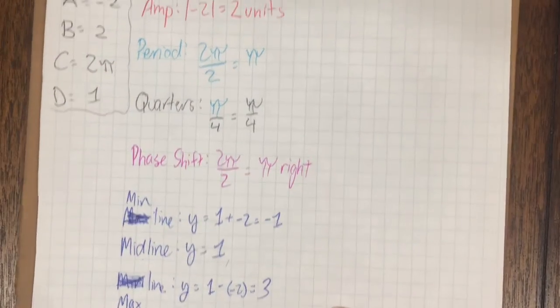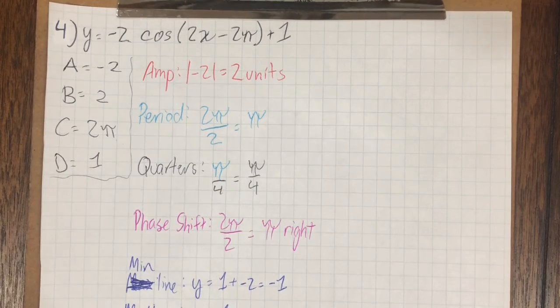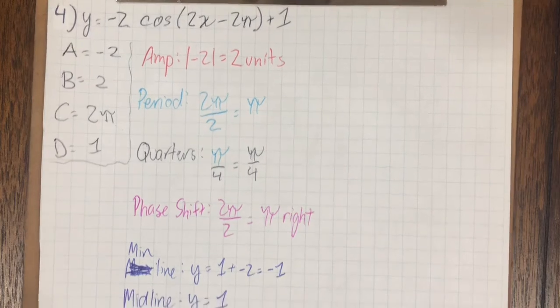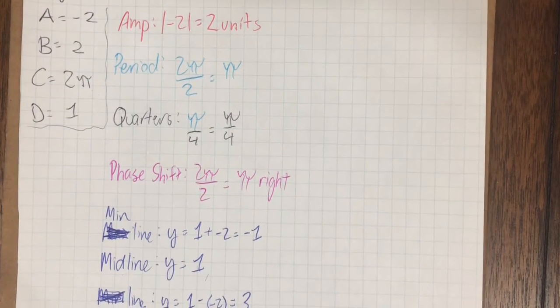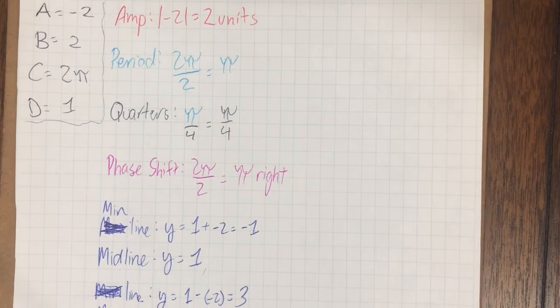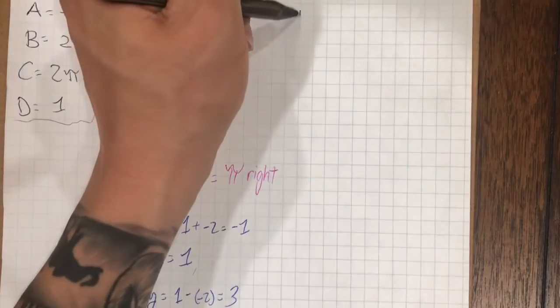And this all happened just because we had the -2 in the front. It affected the pattern for the cosine, for the graph of the cosine. All right, so I'm going to go ahead and graph my function with the pieces of information that we have. I'm going to graph it over here.